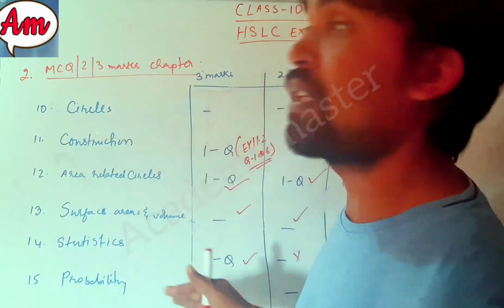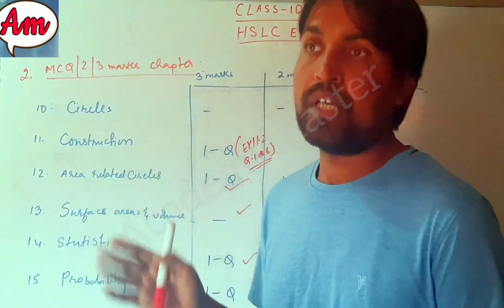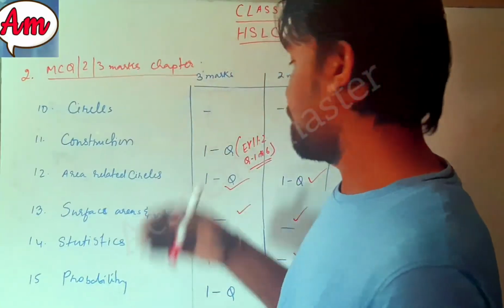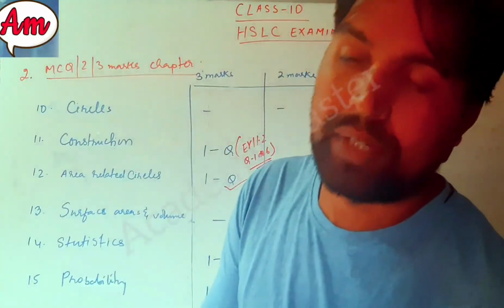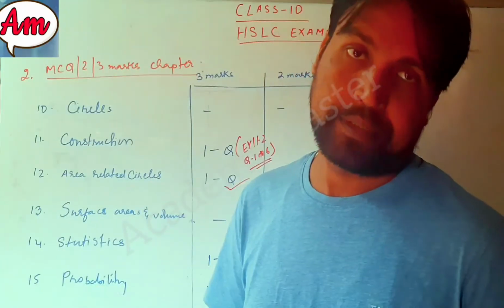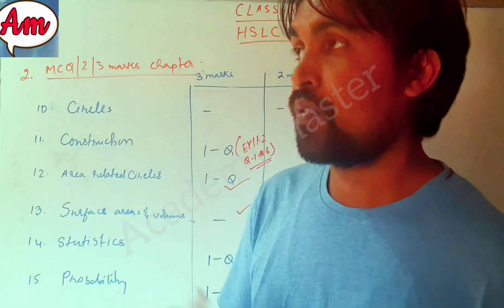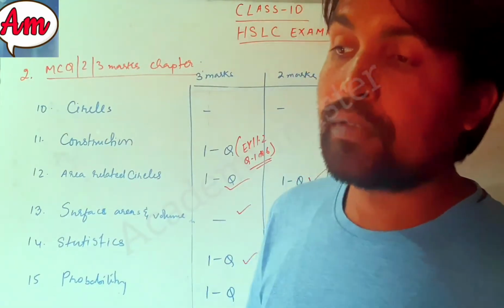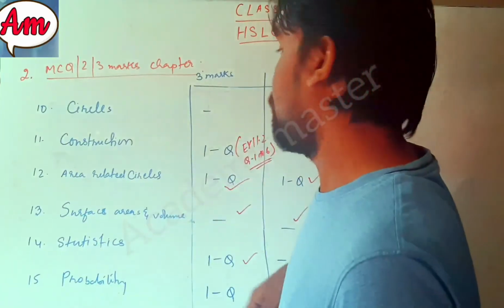You can take a screenshot of the chapter list I have given, watch the full video, and note down from which chapters 3 marks are coming. Finish those chapters properly, okay? If you finish the 3 mark and 5 mark sections fast, then it will be very easy for you to cover the 2 mark questions.